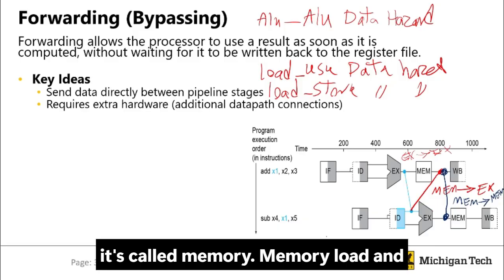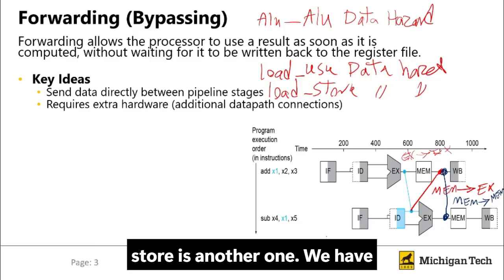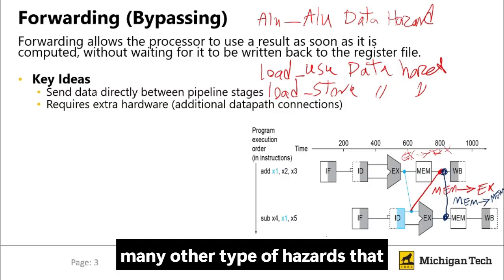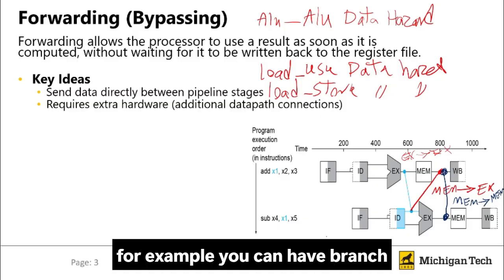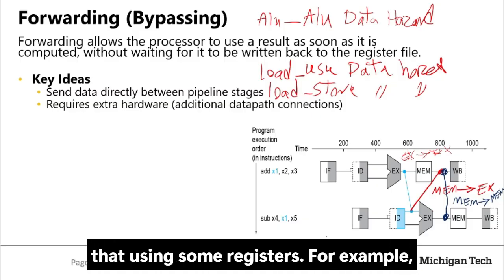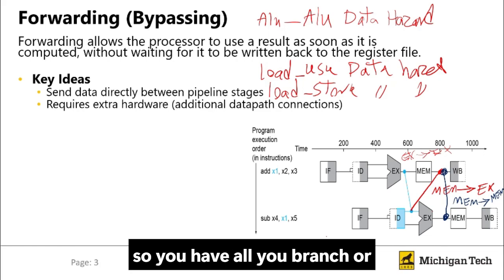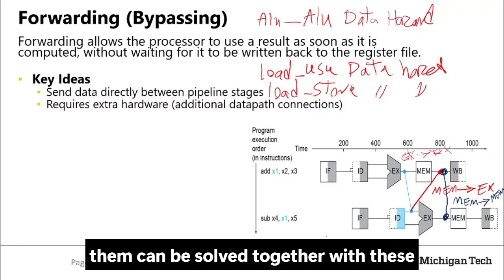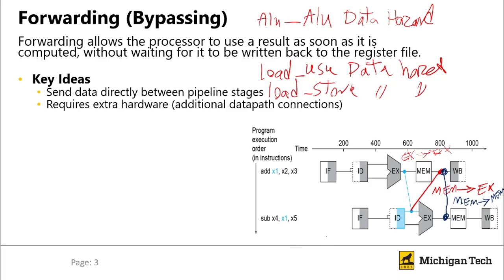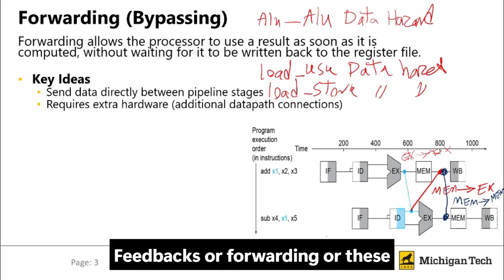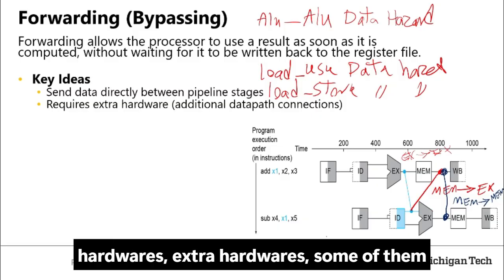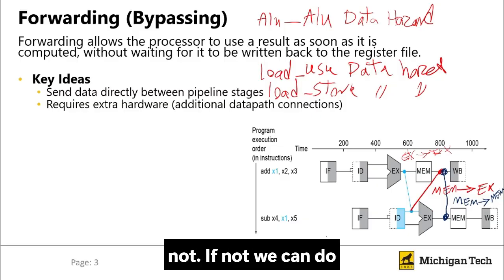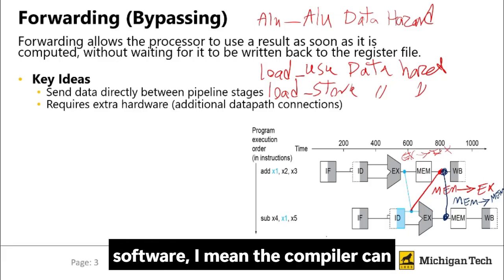This is called memory. Load store is another one. We have many other types of data hazards that can happen. For example, you can have a branch that uses some registers, so you have ALU branch or ALU store. Some of them can be solved with these types of feedback, or forwarding, or extra hardware, and some cannot. If not, we can do it with software.